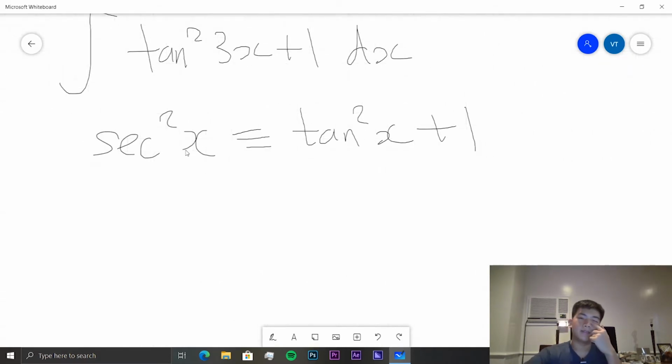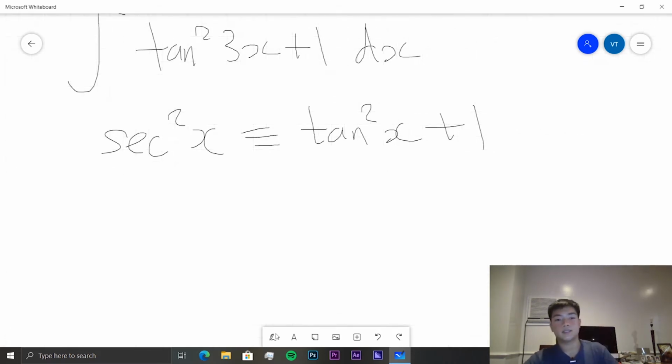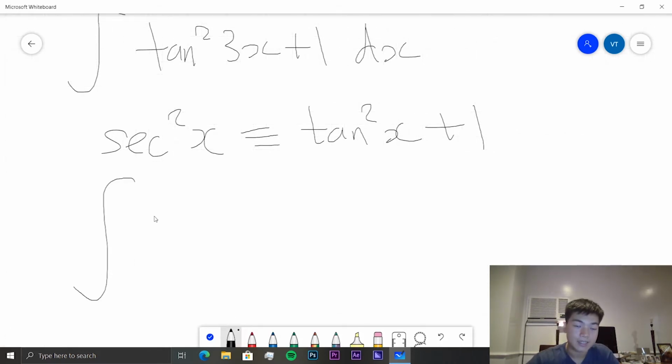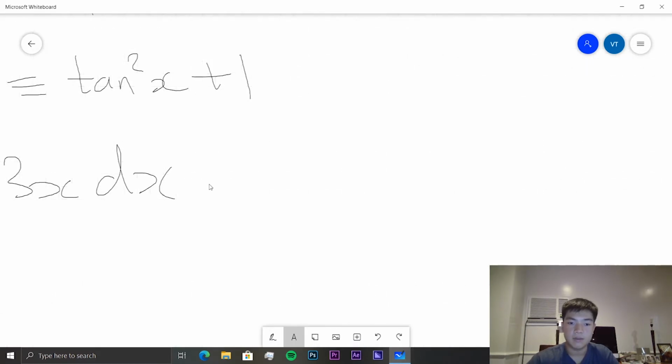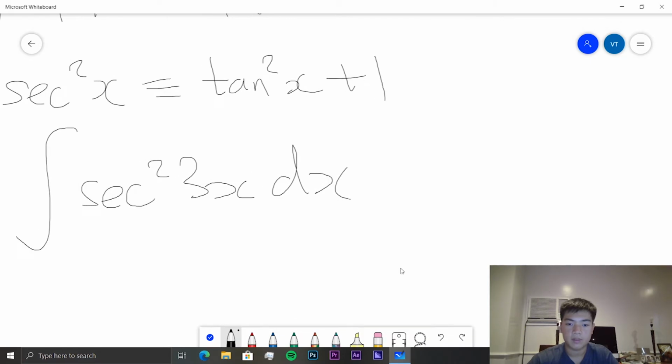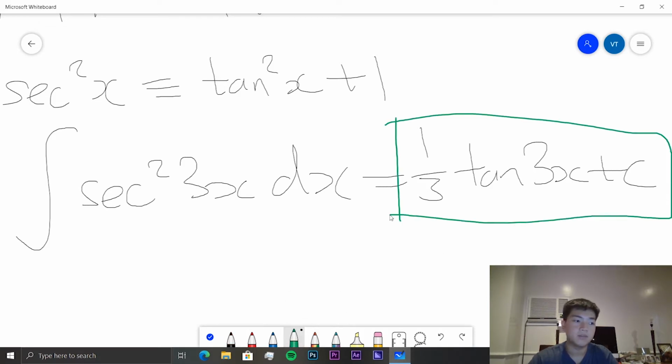This is because if we divide everything by cosine squared x. So therefore this integral is actually equal to the integral of secant squared 3x dx, which is of course equal to 1/3 tangent of 3x plus c. So yeah, that one was cool.